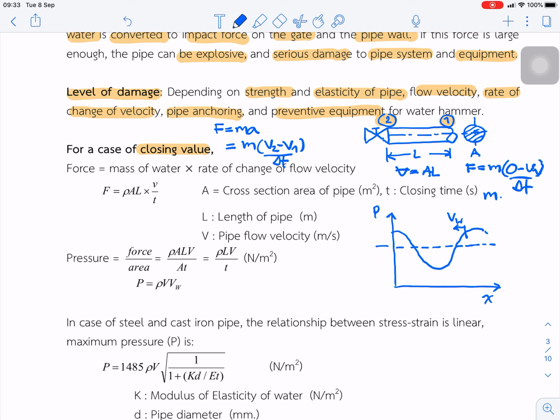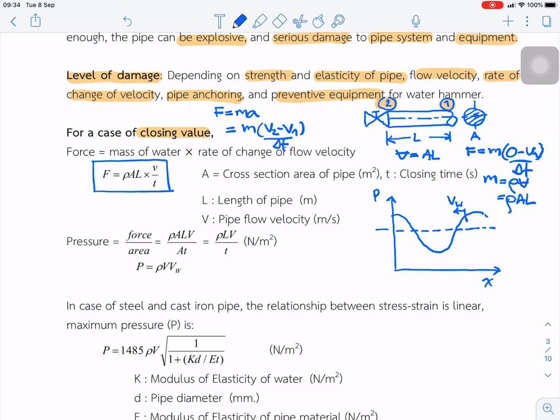In this case, mass is equal to rho times volume, which is rho times A times L. So from this equation, we come to force equal to rho A L times V divided by T.